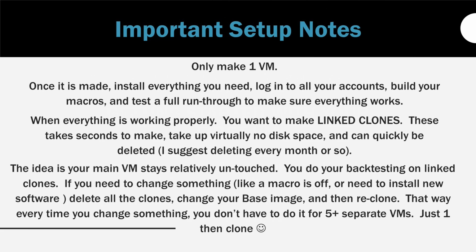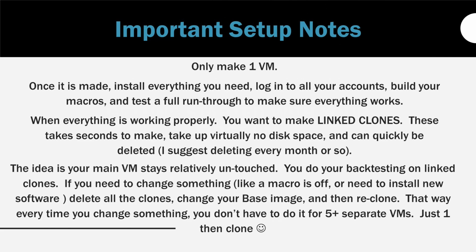I suggest deleting all your linked clones every month or so, running through updates on the original VM machine, and then just recloning everything. The idea is that your main VM stays relatively untouched. You do all your backtesting on your linked clones.